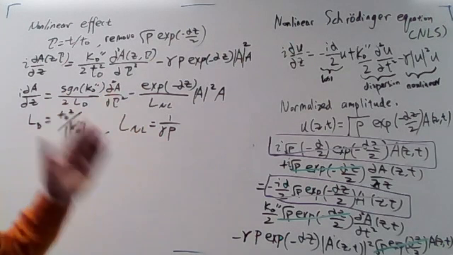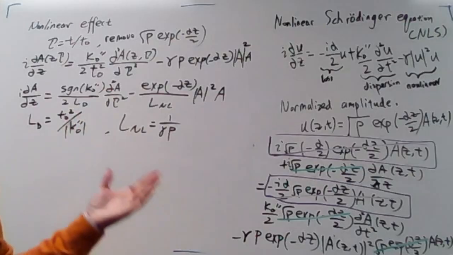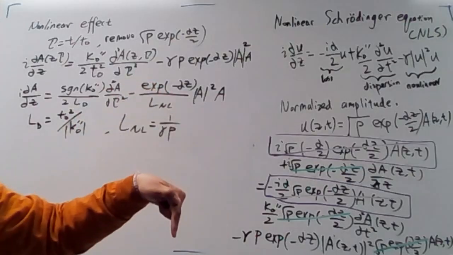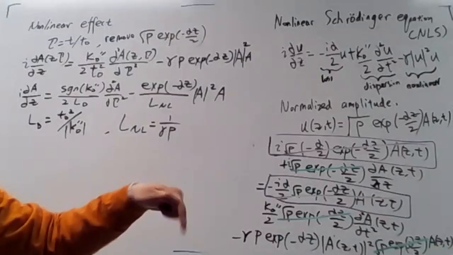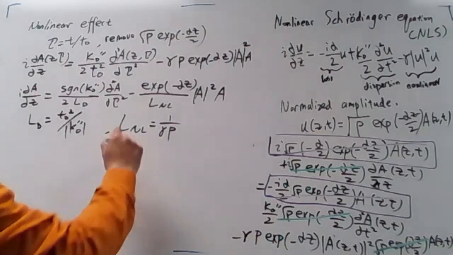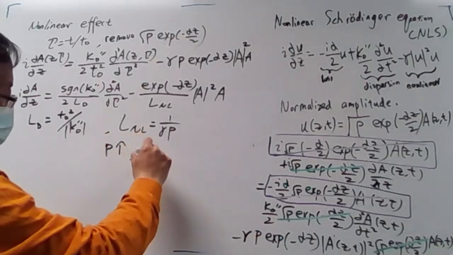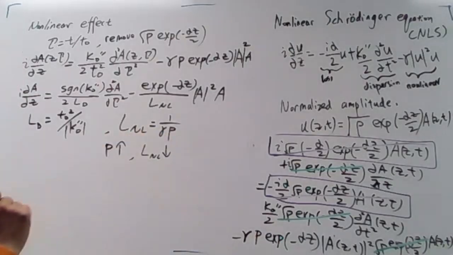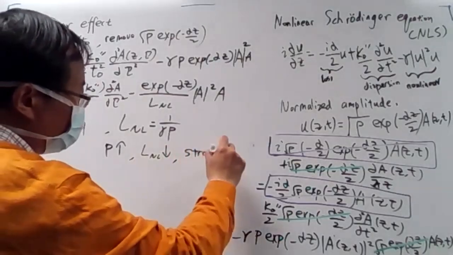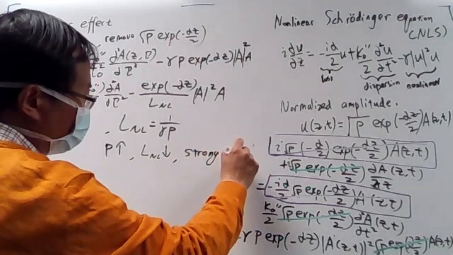So if we have more power, we should have a smaller nonlinear length, right? That means the nonlinear effect is stronger. So we have more power, that means the nonlinear length is small, and that means we have a strong nonlinear effect.